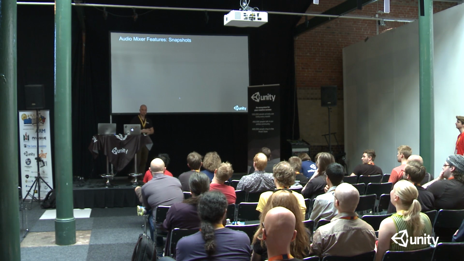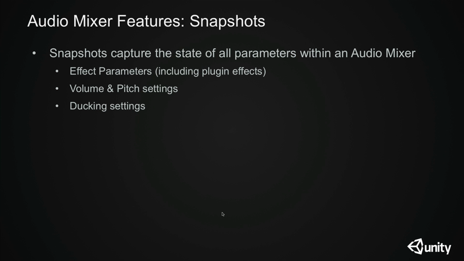So now I want to talk about snapshots, and if you're in audio you've probably encountered them under various other names. Basically, snapshots allow you to capture the state of everything in the mixer, including the effect parameters, volume, pitch, and ducking settings. I'll talk about ducking in a minute.